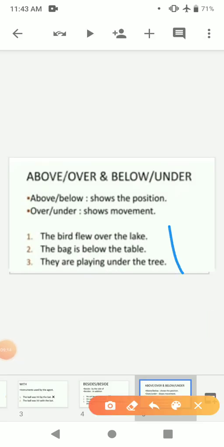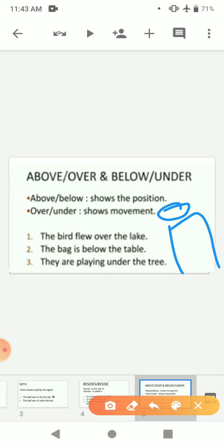Now see, as I told you, if a thing is there and it's not touching the table exactly, there is no contact between the thing and the table, then we use above or over. But if it is in contact with the table, if it is touching the table, then we use on.